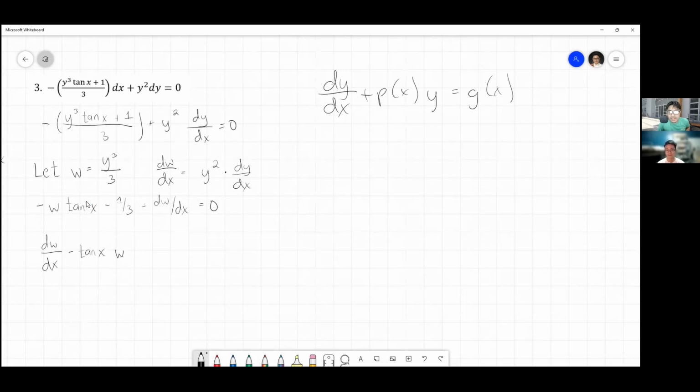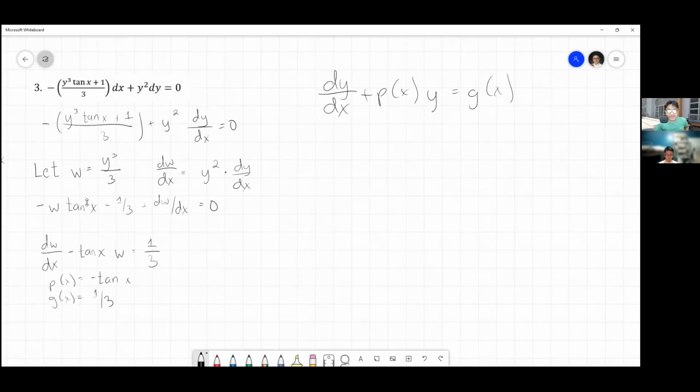And then meron tayong g of x dito. Ito not necessarily in terms of x, pero pwede na yan. So, ayan. Nabalik na natin dito sa form na to, wherein si p of x natin is negative tangent of x, and si g of x natin is 1/3. Ayan. In terms of x pa rin naman daw, x raised to 0. Ayan, tama naman yung sinabi ni ating Evangelista.